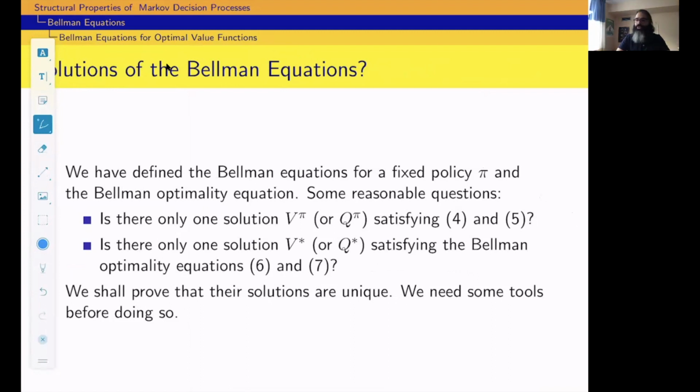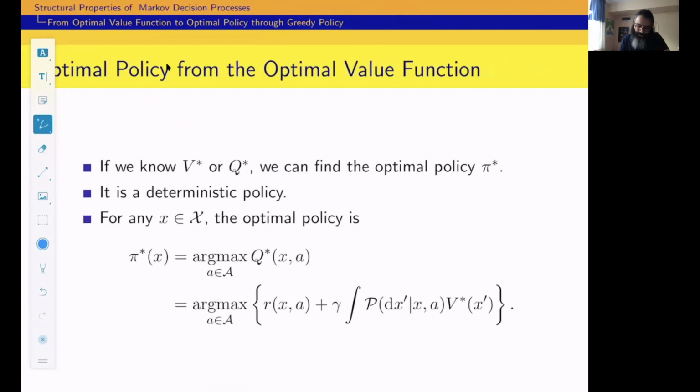And I guess the same question applies to V star and Q star, the optimal value functions. Is it unique, or are there many functions that satisfy them? We shall prove that they are unique, but we need some tools before proving them. Maybe one question I have.